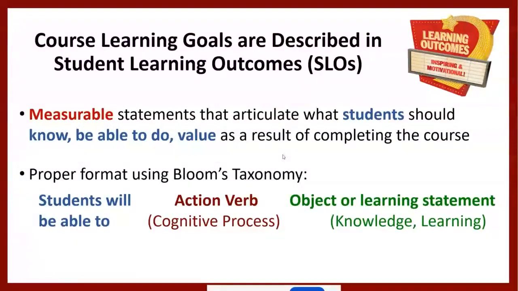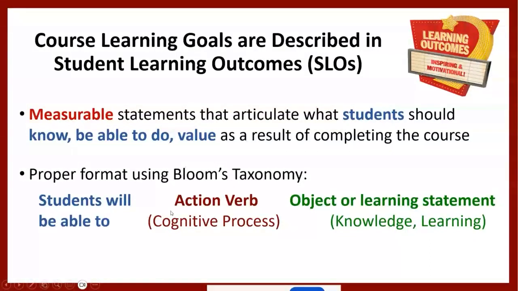So there is a student will be able to, so it should be student focused. There will be an action verb that they're going to do, some type of cognitive process, which I'll get to in a second. And then there is that learning statement, that object that they're going to achieve with that cognitive process. So it might be learning, it might be a skill, it might be knowledge, it might be a human dimension aspect, any of those.